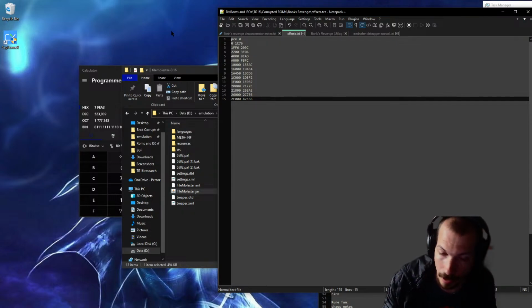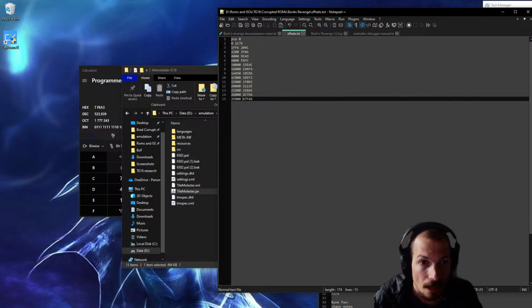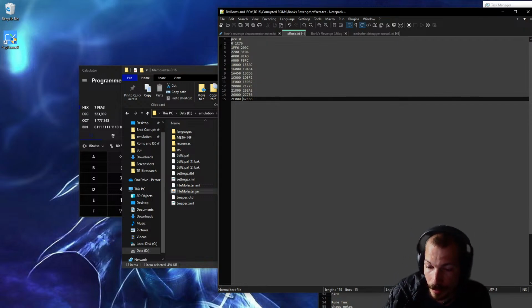So next up is actually corrupting the ROM. I don't have time for that today. Unfortunately, actually, depending on how my night goes, I might. That is definitely offsets, yes it is. So you saw me editing the offsets file if you're just joining me.